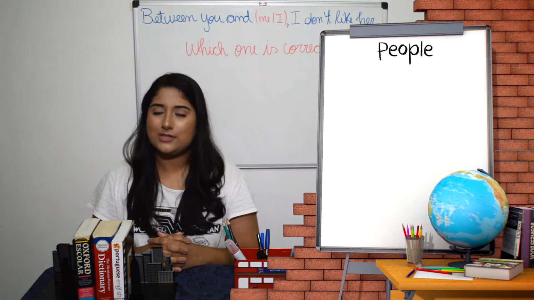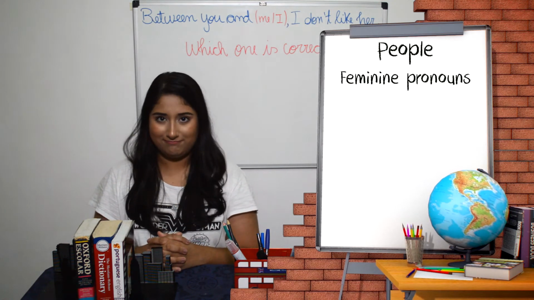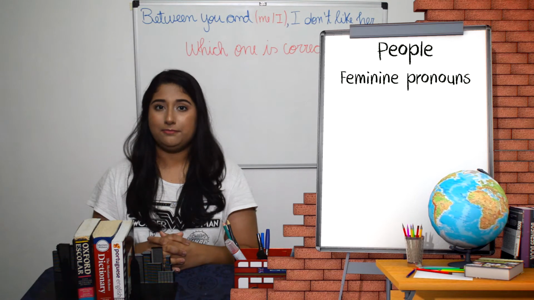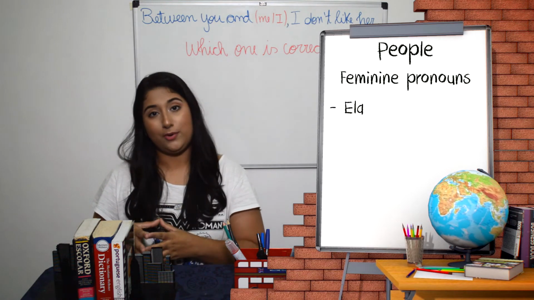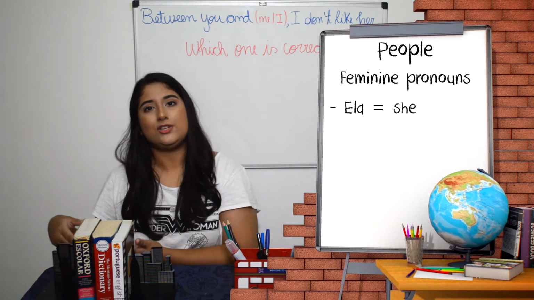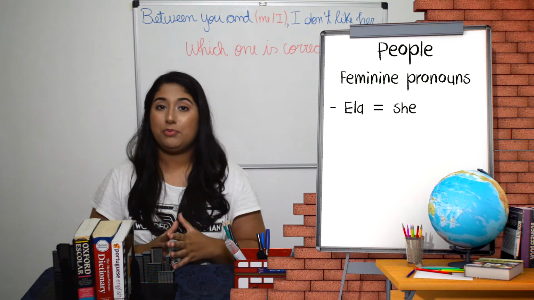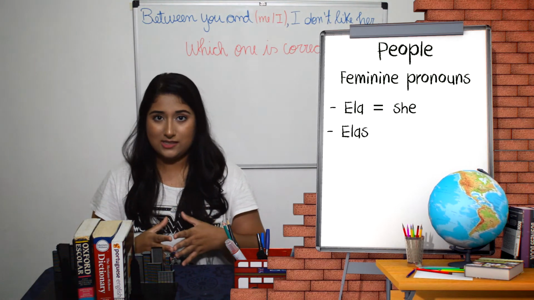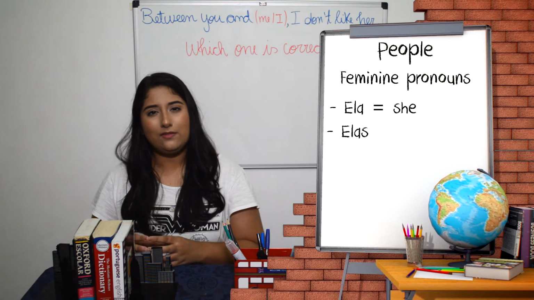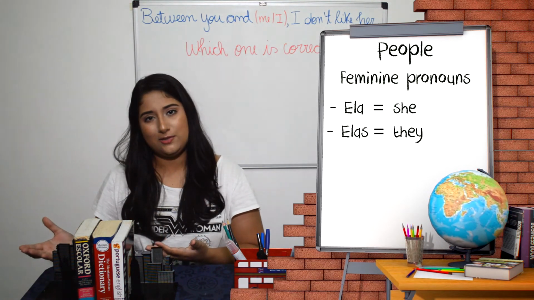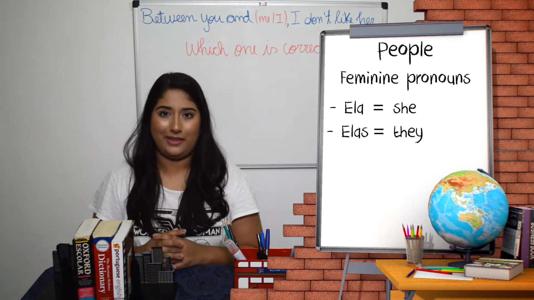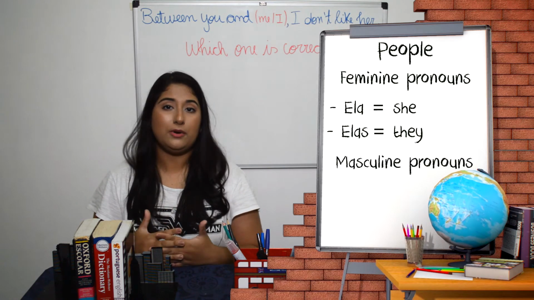With people, we use the feminine pronouns for women. In singular, we have ela in Portuguese and the equivalent she in English. In plural, we have elas in Portuguese and the equivalent they in English. The same goes for men. We use the masculine pronouns.